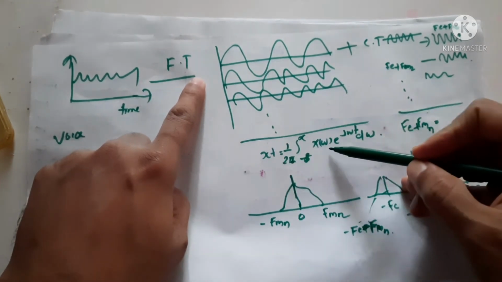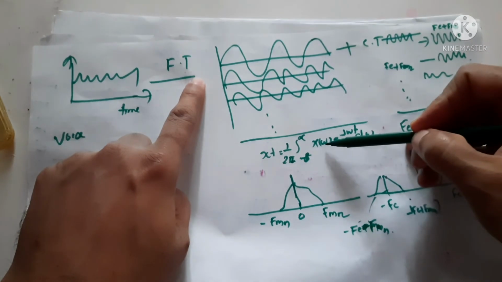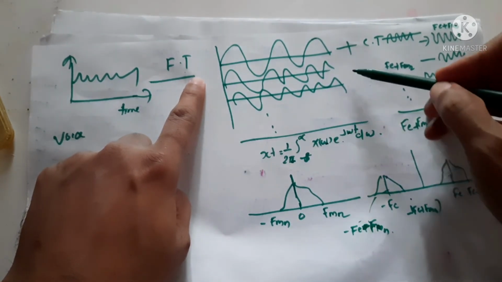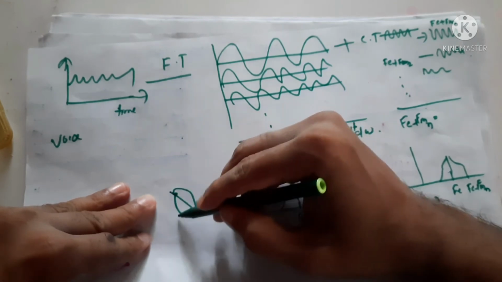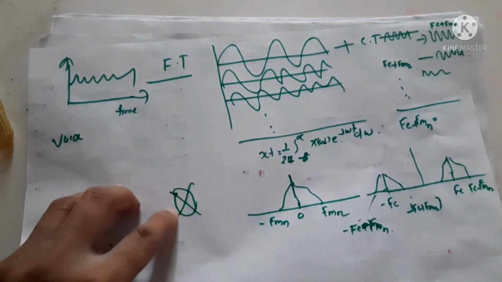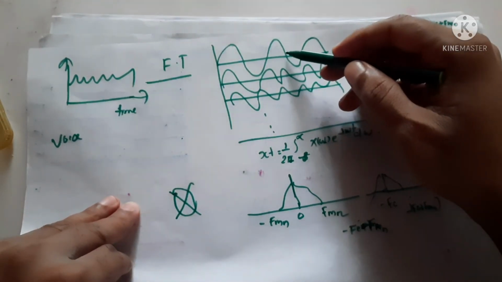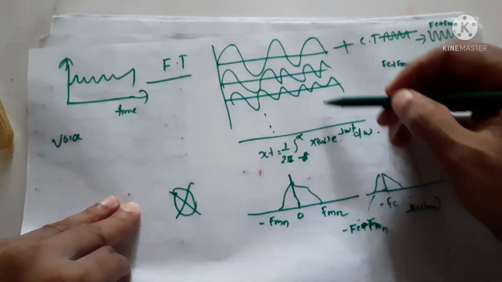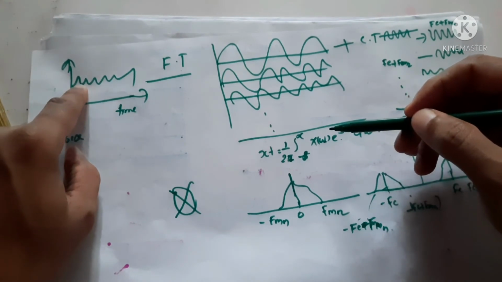This is the equation: X(w) means the amplitude of this wave. e to the j omega t, as we have already seen, is the curve and how it is rotating. This is called j omega t. This is one frequency. Like that, if we add all these components, we will get this voice signal.